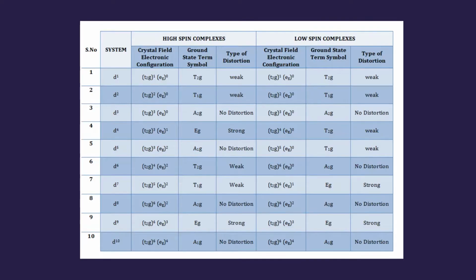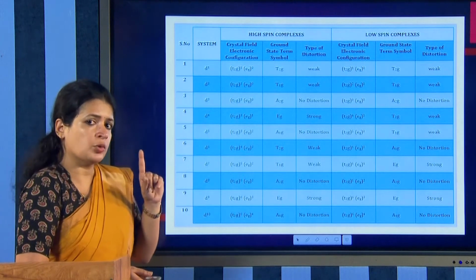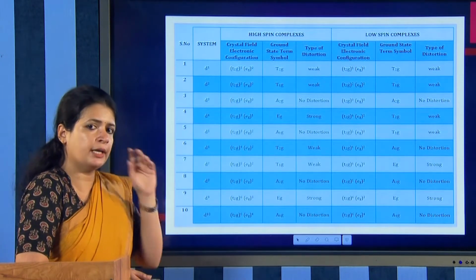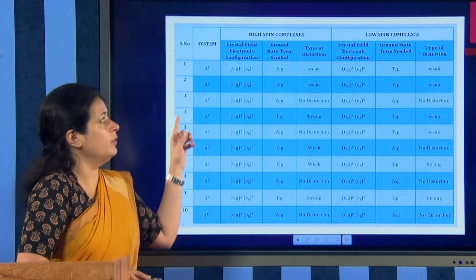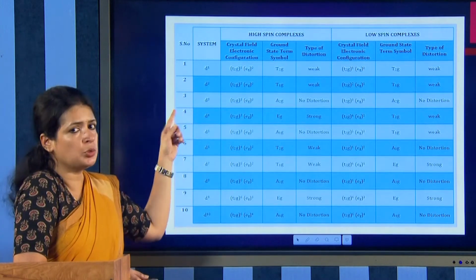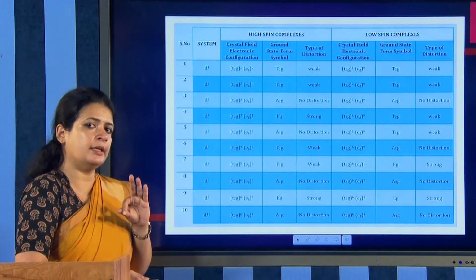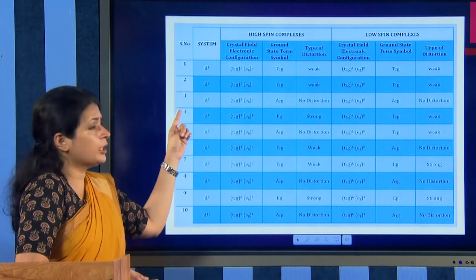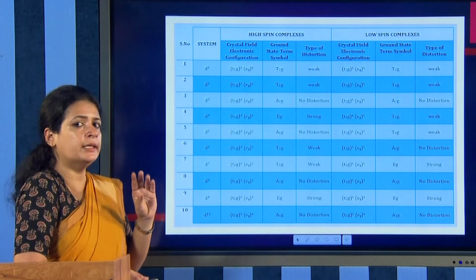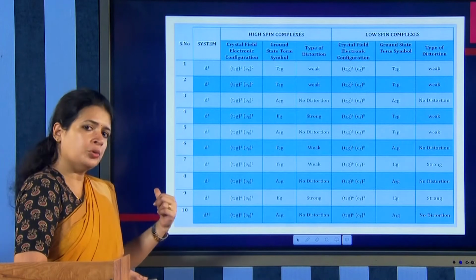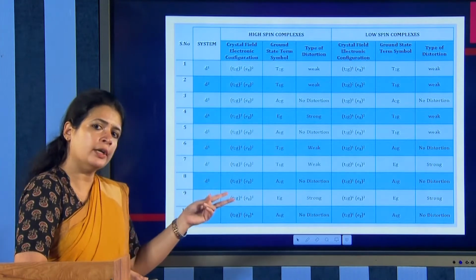When we consider different systems, d1 to d10, in the first case, if we consider a d1 system, meaning one electron in the d orbital, in an octahedral field that one electron will be moving to the t2g orbitals. You have three t2g orbitals, that is dxz, dyz and dxy, and that one electron may go to any of them.